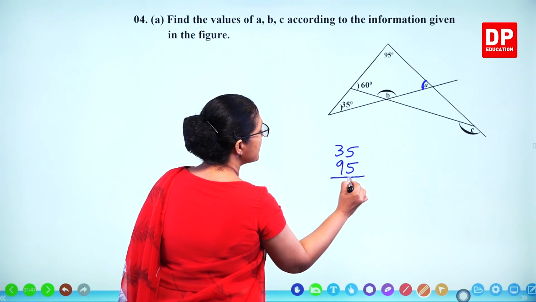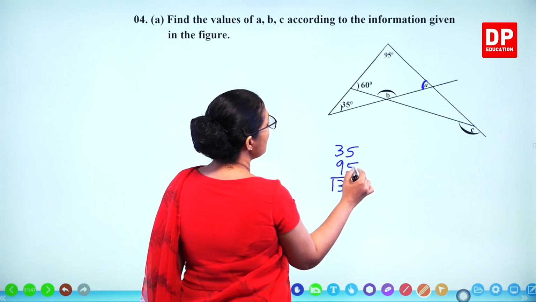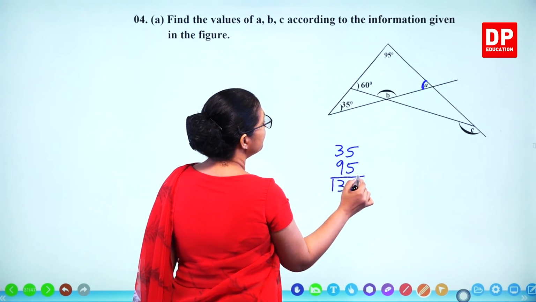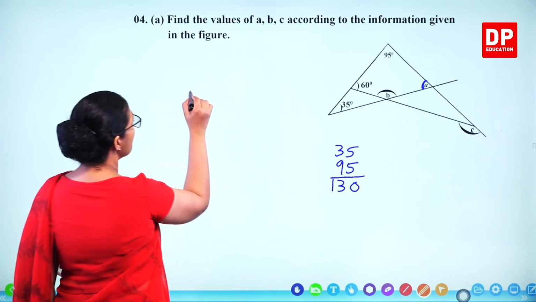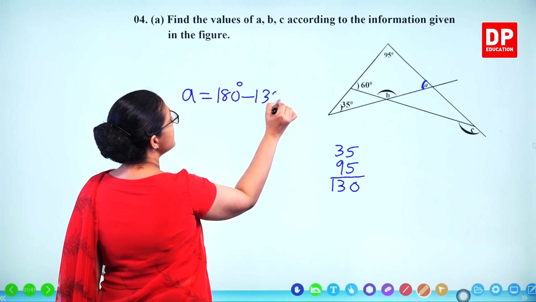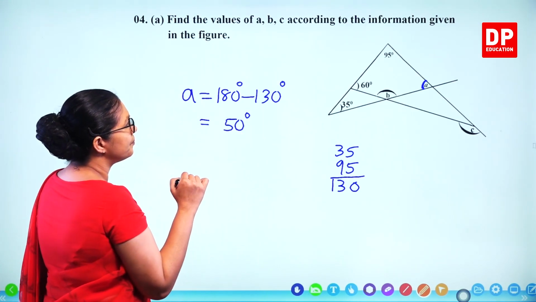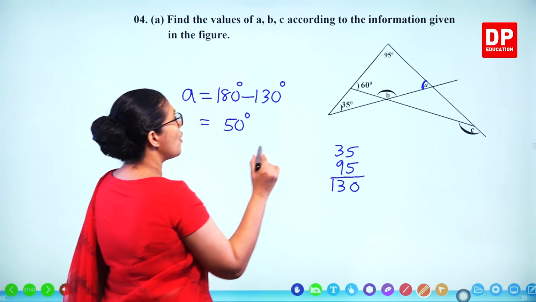When you add it, 130. 35 and 95. Then what is A? A becomes 180 minus 130. That's 50 degrees. So we found this is 50.